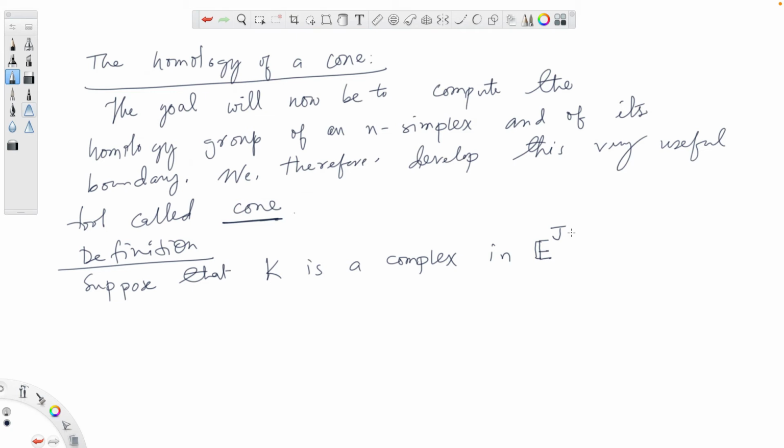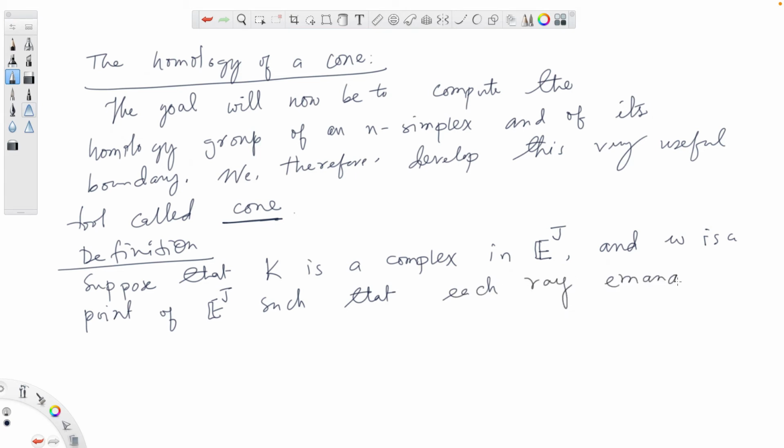Suppose that K is a complex in E to the J, and W is a point of E to the J in this generalized Euclidean space, such that each ray emanating from W intersects the underlying space of the complex K in at most one point.